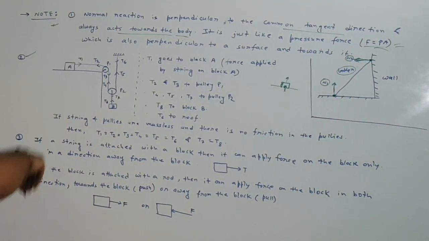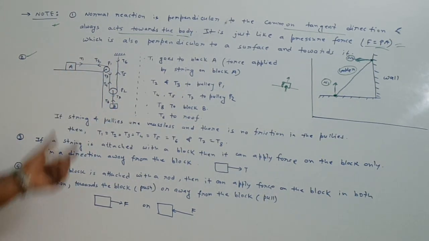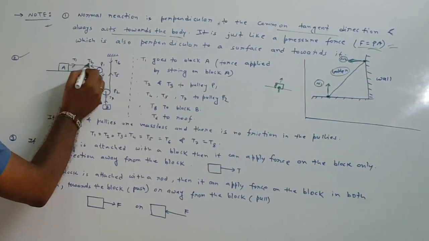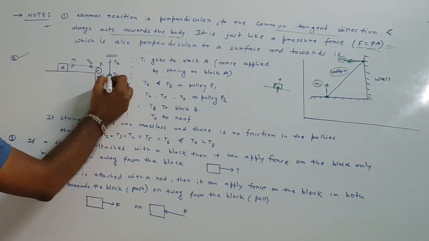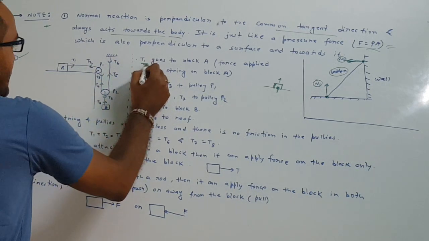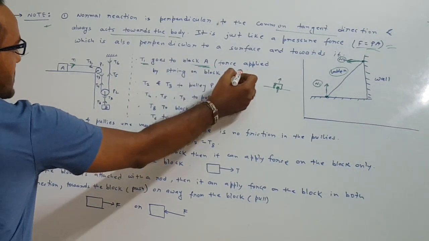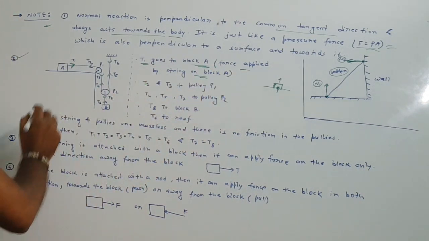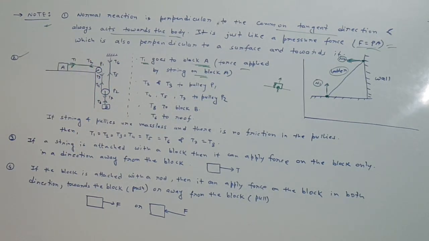Now let us see this diagram. In this diagram we have denoted various string forces with different names. Let us say this is T1, T2, this is T3, T4, T7, T8, and this is T5 and T6. So this T1 goes to block A, that is the force applied by the string on the block A, because action and reaction are equal and opposite.